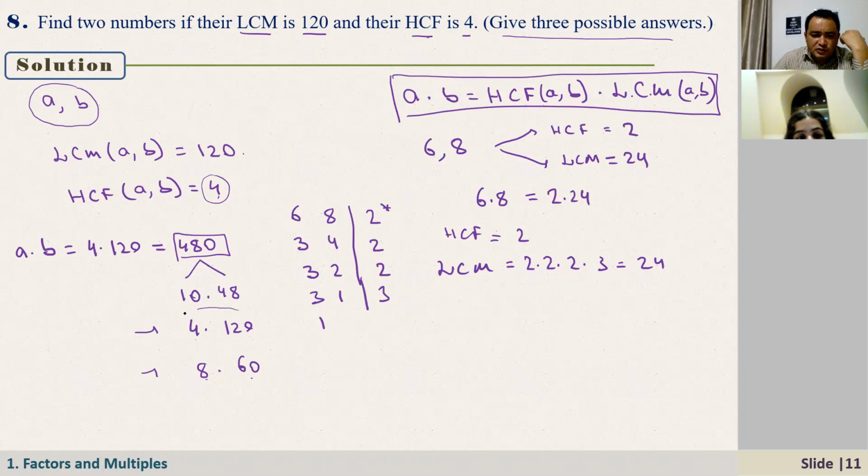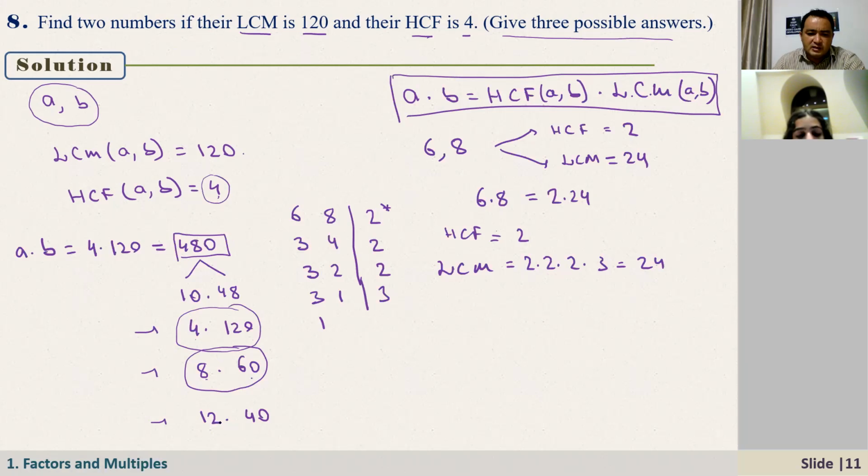We need to show three pairs, so three possible answers. This is the second one. The third one: let me take 3 from here, it is 12. So we have 12 times 40. The highest common factor of 12 and 40 is 4.